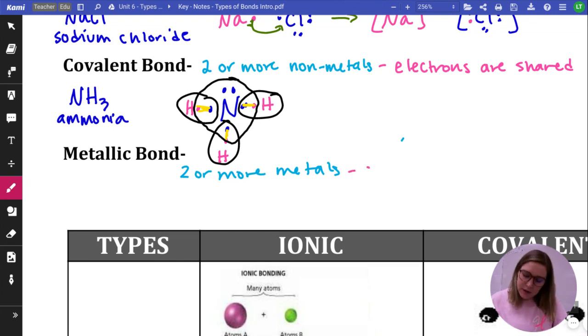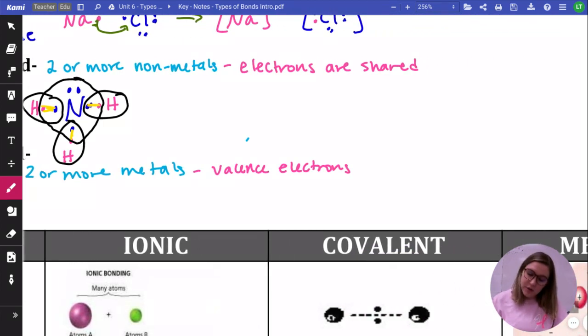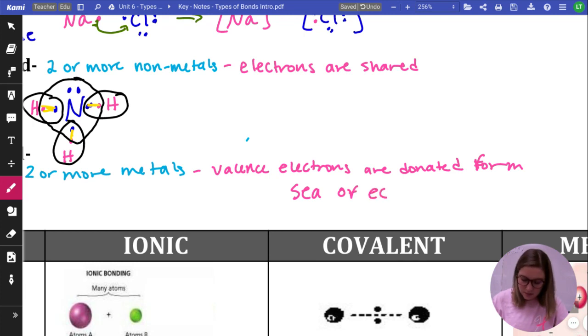But in metallic bonding, our valence electrons are donated to form, and this is going to be our big key for metallic bonding, they form the sea of electrons. The sea of electrons.